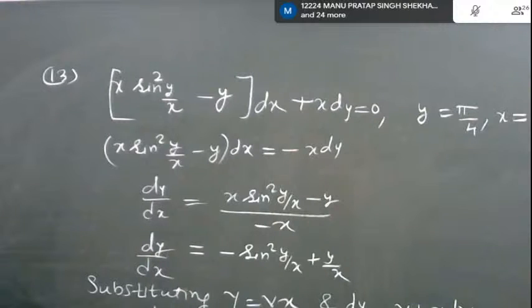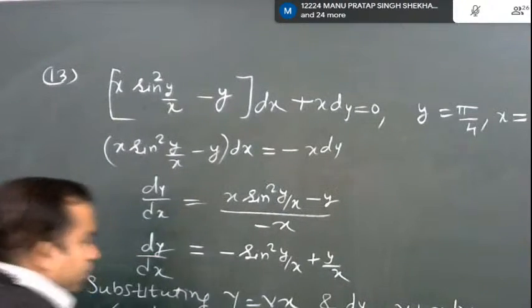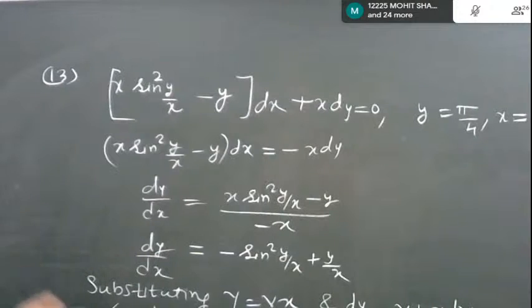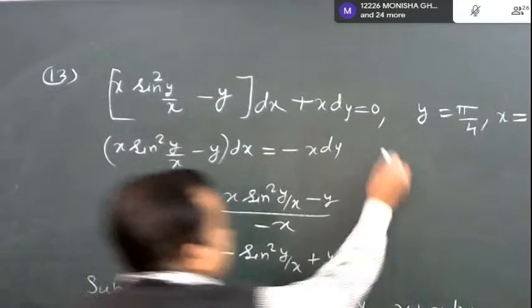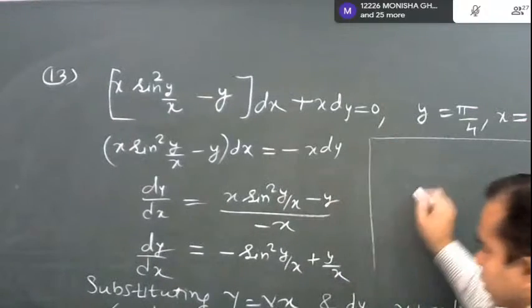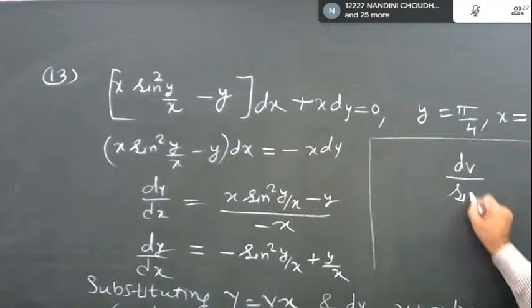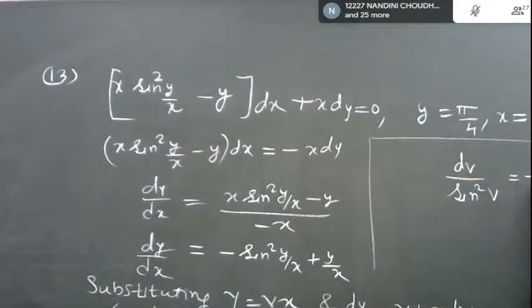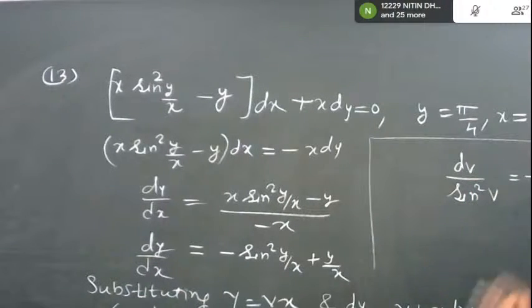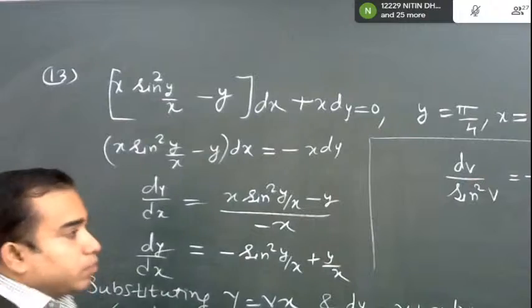And you can see that v alone is standing in both the sides, will get cancelled. And in the remaining terms, it is very easy to separate the variables. So, let us separate the variables. Dv upon sin square v equal to minus dx upon x, right.